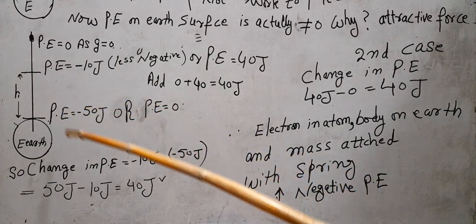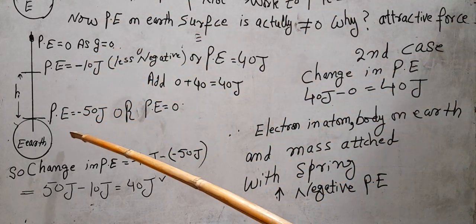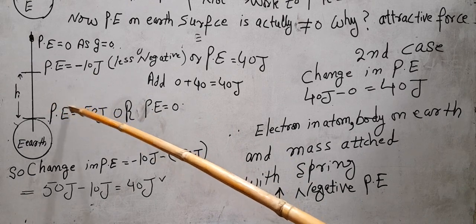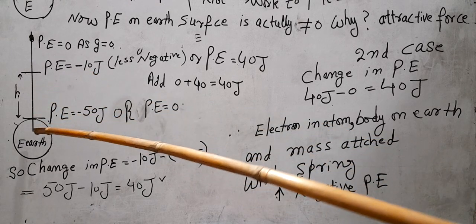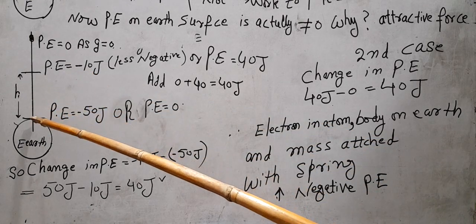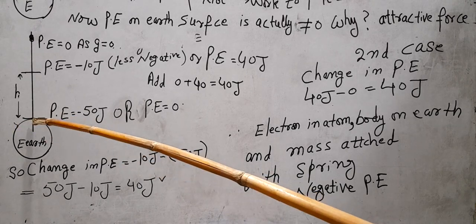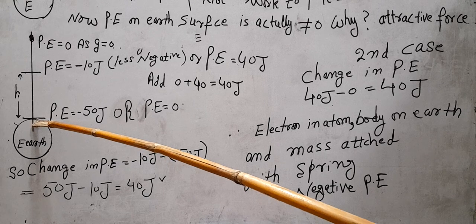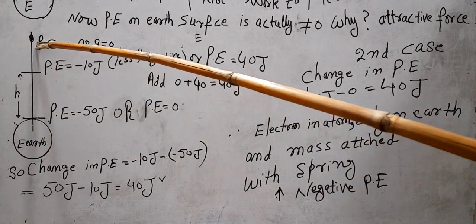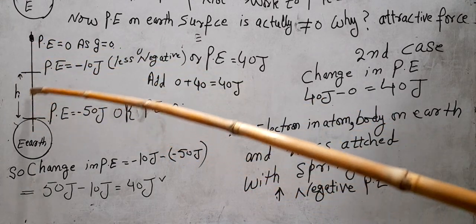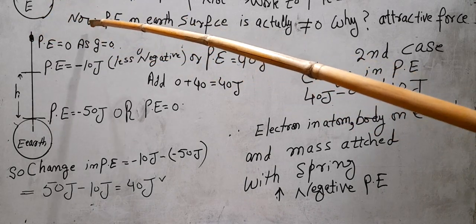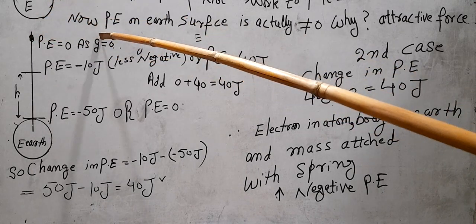When we are taking the negative potential energy in the earth's gravitational field, it means if a body is lifted from the surface of the earth to a very large distance from the center of the earth, where the force of gravity becomes 0, it means the value of g becomes 0.